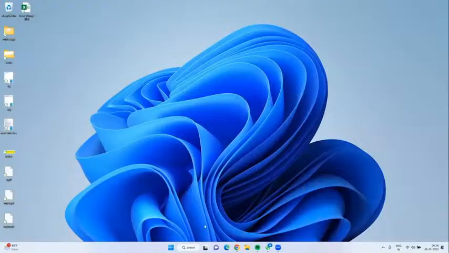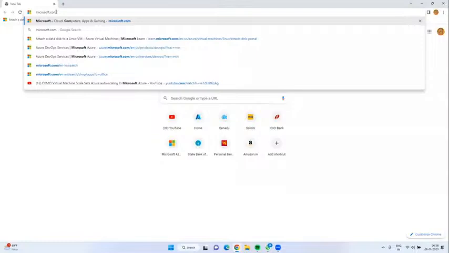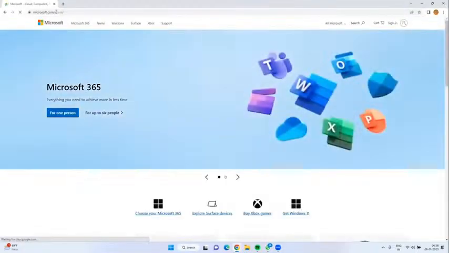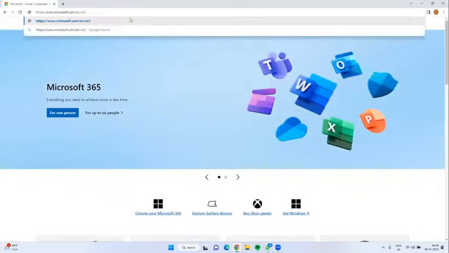For Azure related certification information, just go to Microsoft.com. This is the official site. At the end of the URL, just type learning.